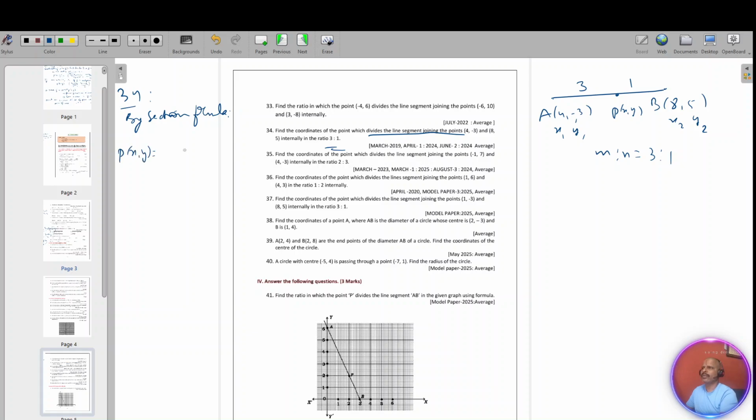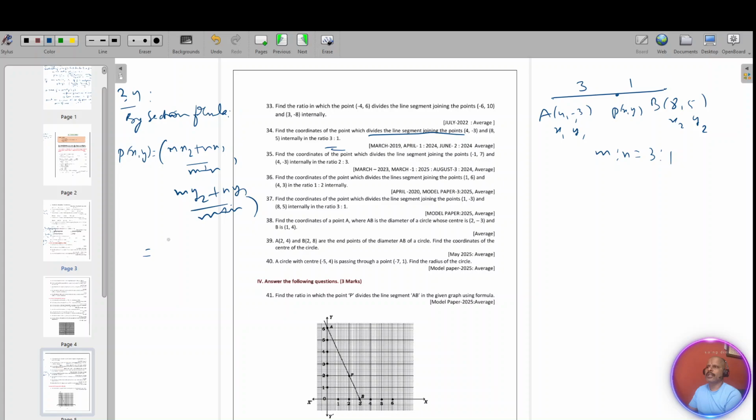P of x y equal to m x2 plus n x1 by m plus n. Okay, we just wrote the formula now. If we write it again, then m y2 plus n y1 by m plus n.